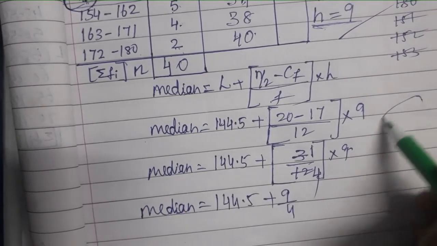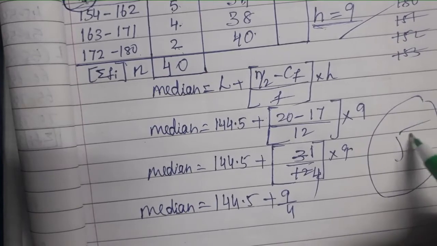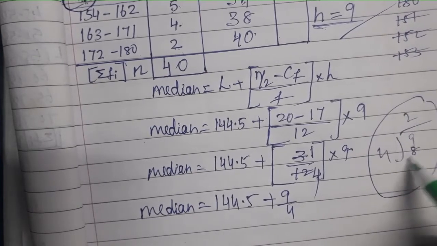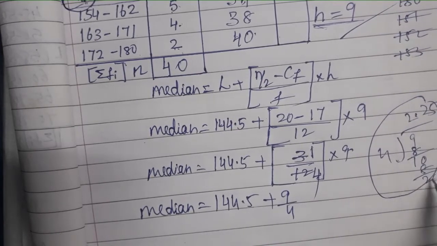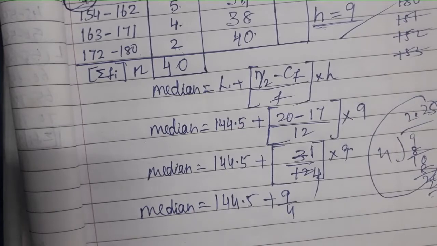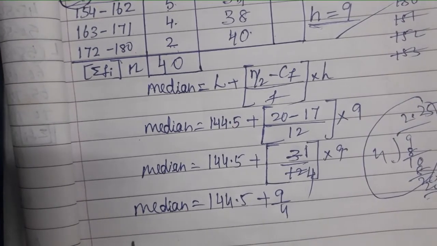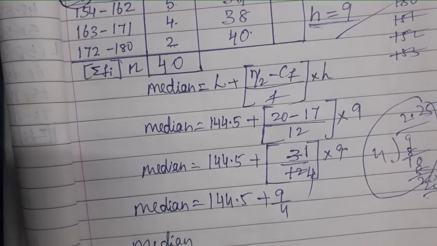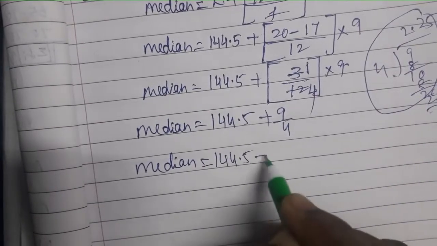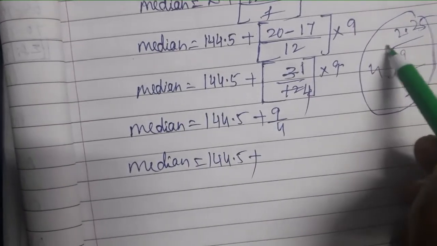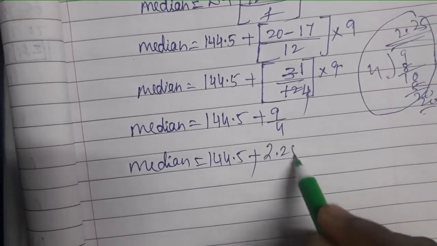So divide 9 by 4. So division I am showing here. 4 twos are 8, 1 remainder, take a point, 0. 4 twos are 8, 2 remainder, it will become 20. 4 fives are 20. So 2.25. So median is equal to 144.5 plus, just now you have divided, 2.25.